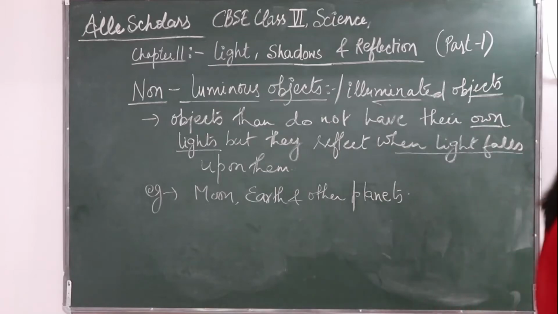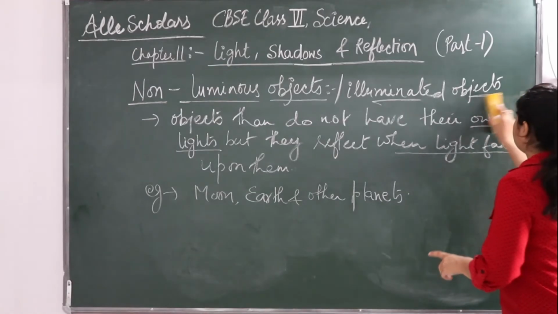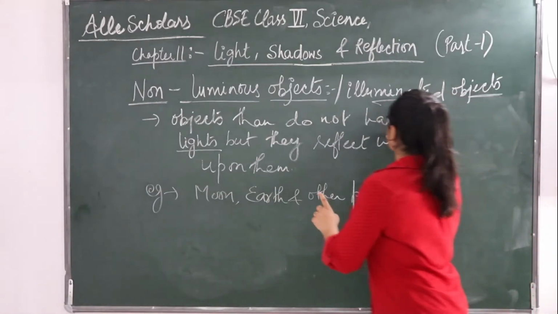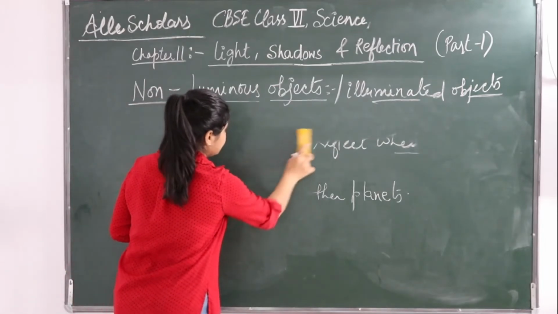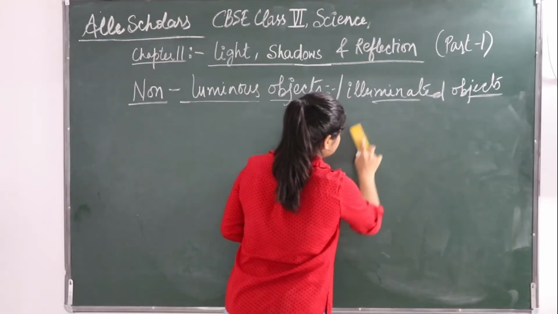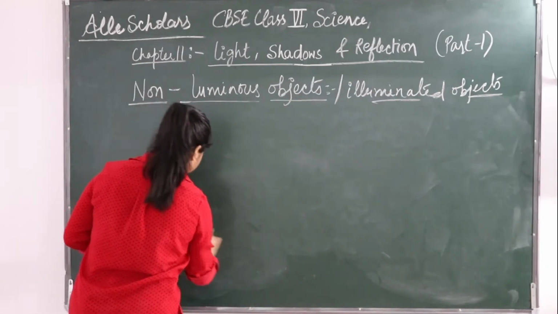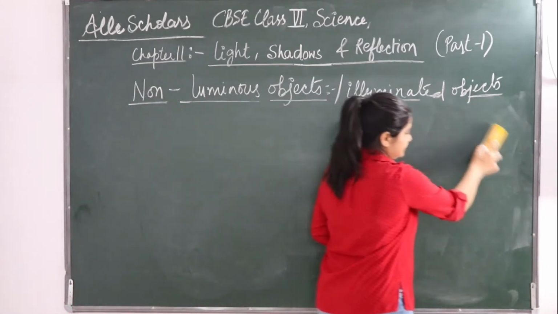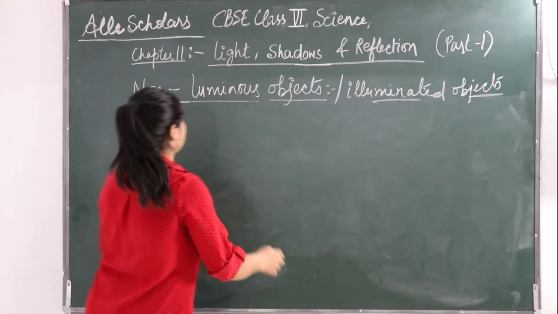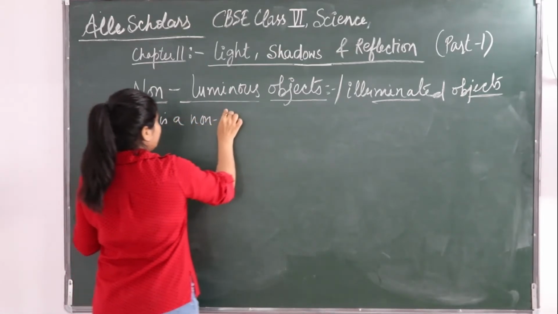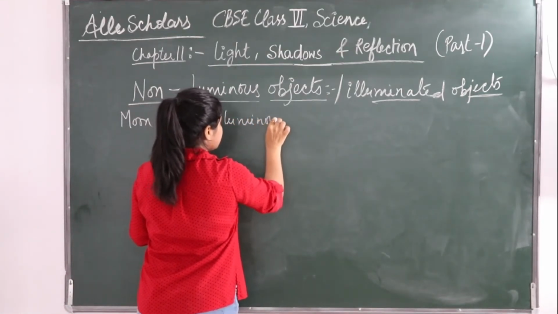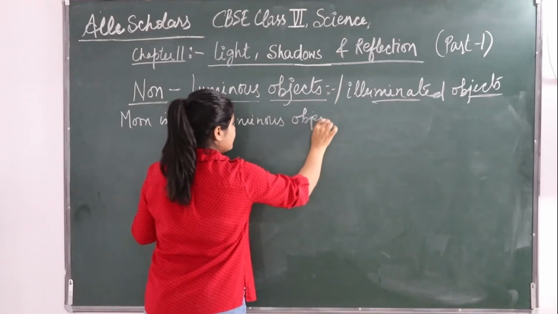A very good example I am going to give you is the moon. The moon is a non-luminous object.